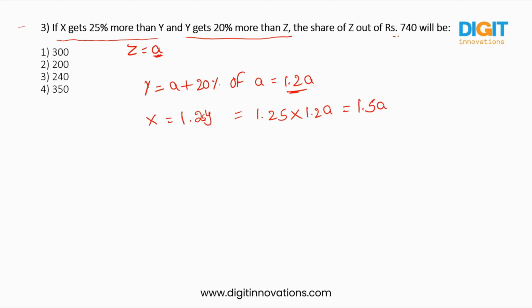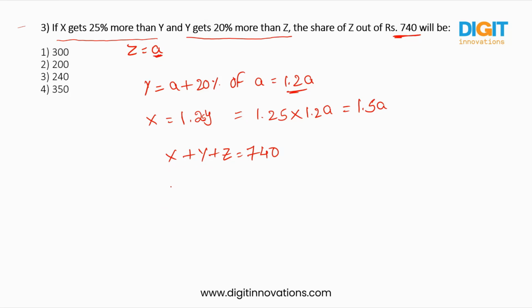And the 3 are sharing this 740. That means x plus y plus z equals 740. X will get some amount, y will get some amount, z will get some amount. By adding the 3 amounts, you will get a total of 740. This is what we have written.